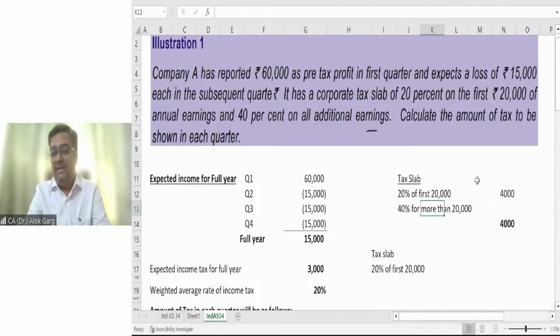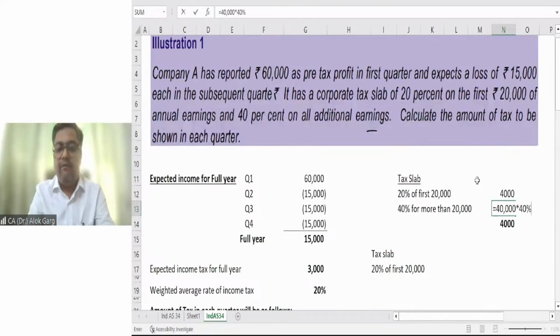And on the remaining amount, what is my remaining amount? 40% for more than 20,000. So my remaining amount beyond 20,000 is 40,000. My total profit is 60,000, right? 40,000 multiplied by 40%, 16,000.